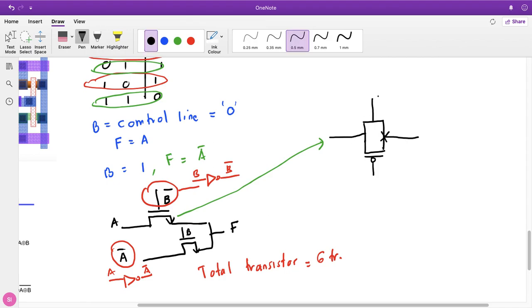B is the control input. A bar is coming from one inverter from input A, then this line, or this input, is called A bar, to the drain of the circuit.